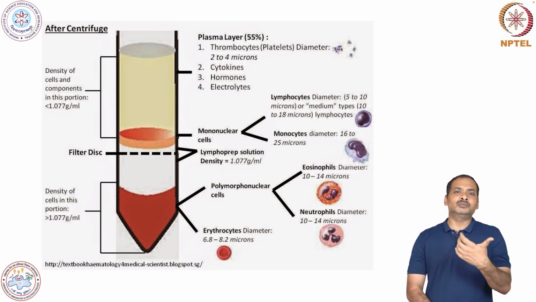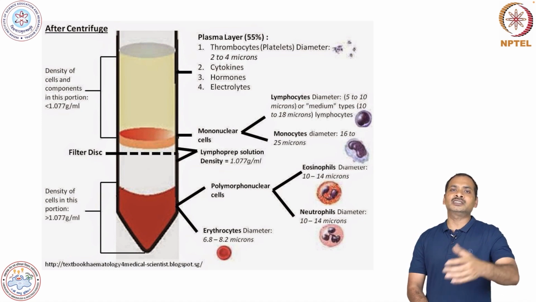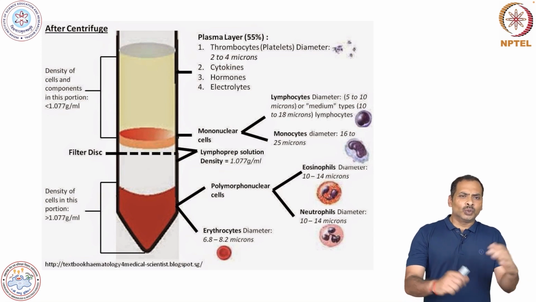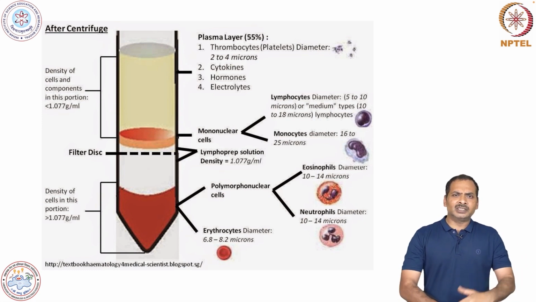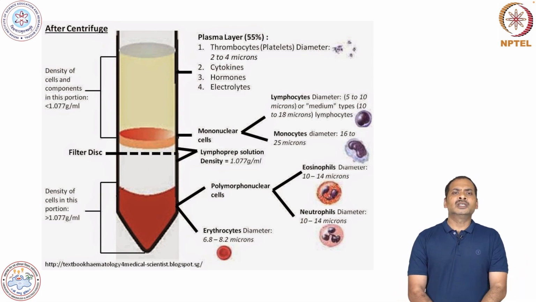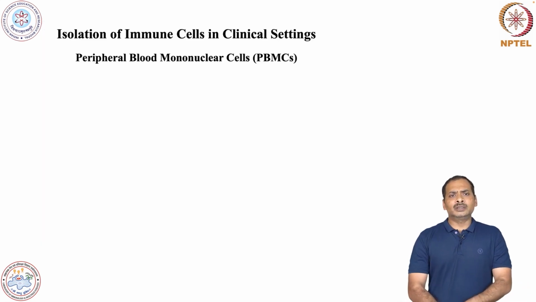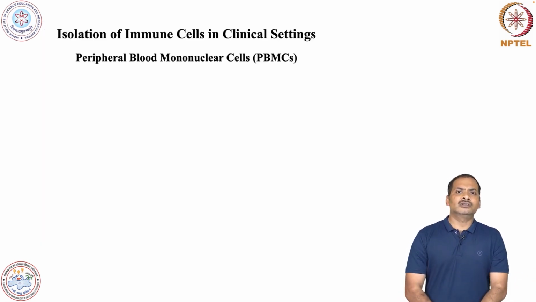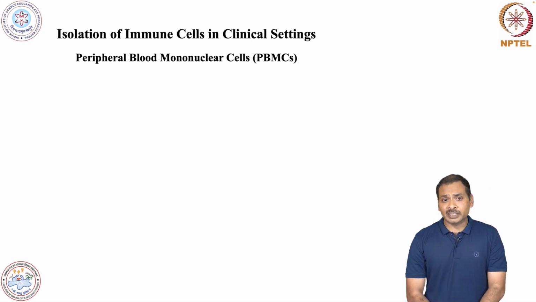After isolation, you simply wash it, count it, then stimulate and perform whatever experiment you want to do. This method is used more commonly in a research setup. But PBMCs are also separated from the red blood cells in a clinical setup as well.